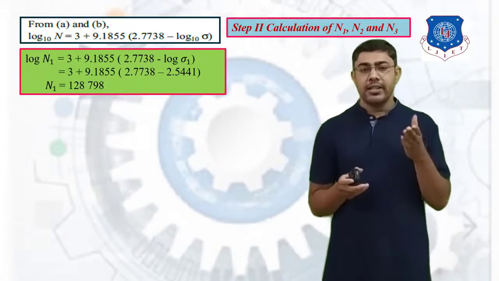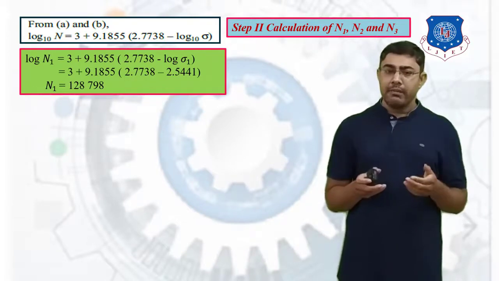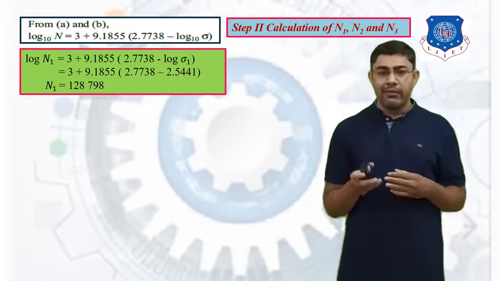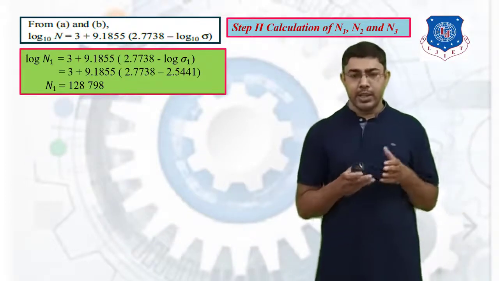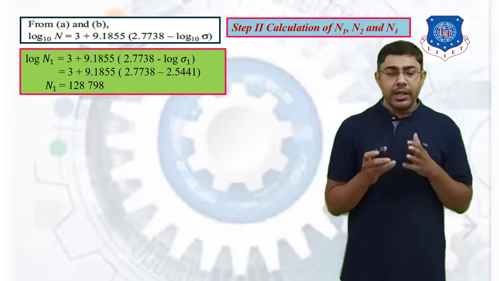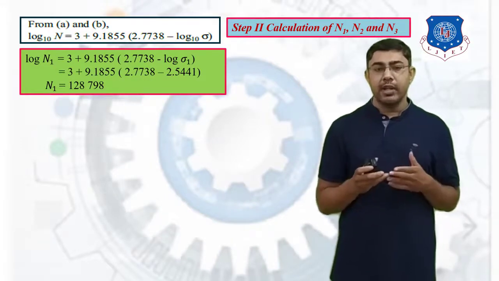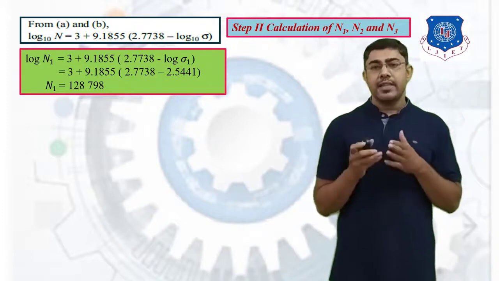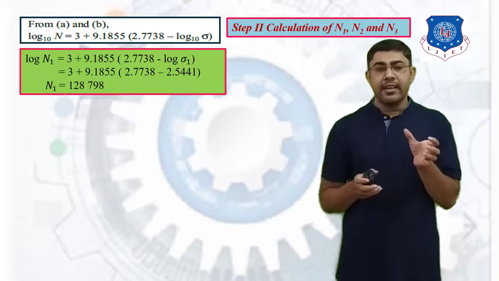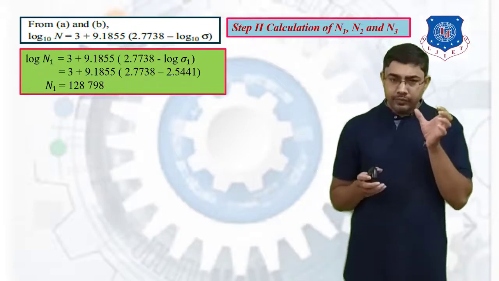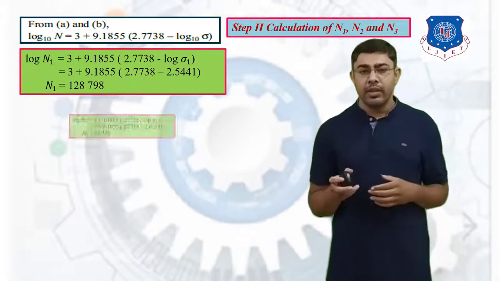In this equation, instead of log sigma there is log sigma 1. By placing the value of log sigma 1, that is 2.5441, we get the value of N1 equal to 128,798 cycles. So this is N1, the life cycles at particular stress level sigma 1.